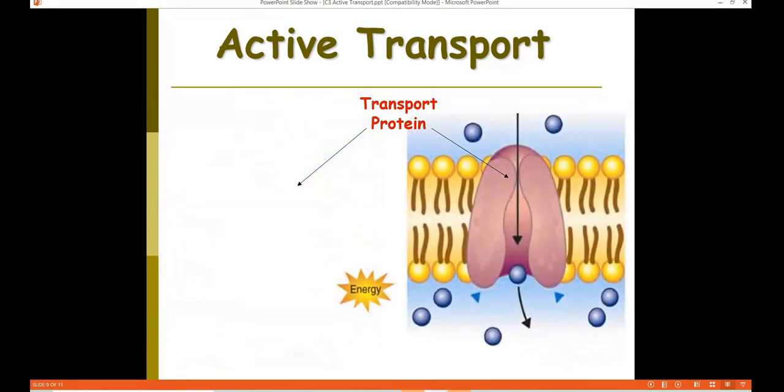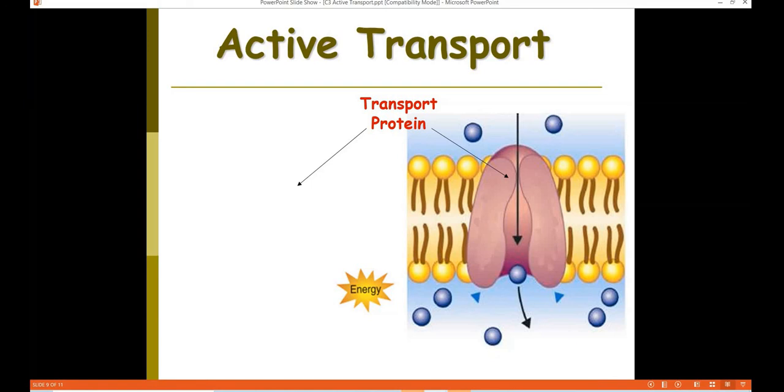As its name suggests, active transport uses energy, and the energy is provided by respiration inside the root hair cells. We know how cellular respiration takes place. The energy produced as a result of cellular respiration in plants and animals both is used for this process to take place.